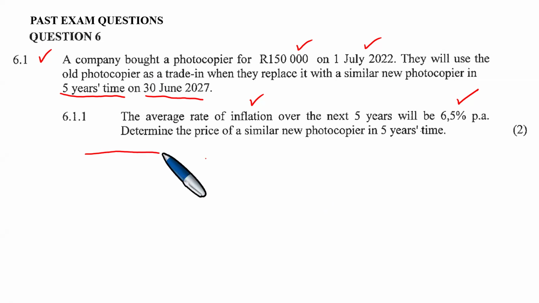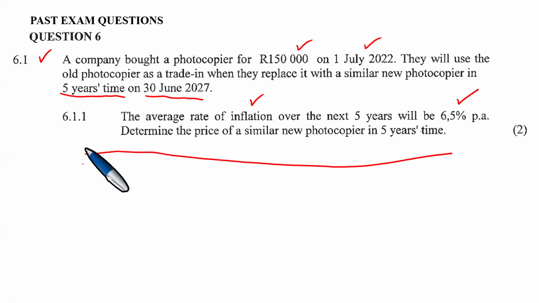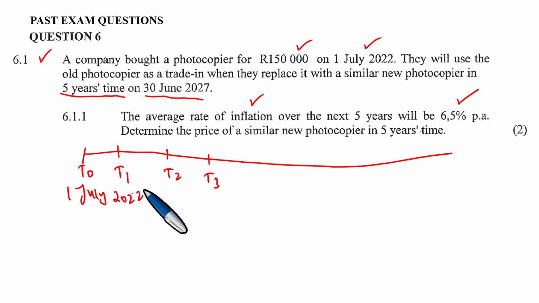Because there's a timeline: time 0, time 1, time 2, time 3. You are given that the company bought a photocopier for 150,000 on 1 July 2022. In other words, there's time 0, which is 1 July 2022, and at this time 0 there is an amount of money, 150,000.